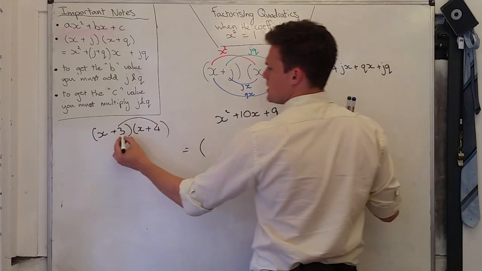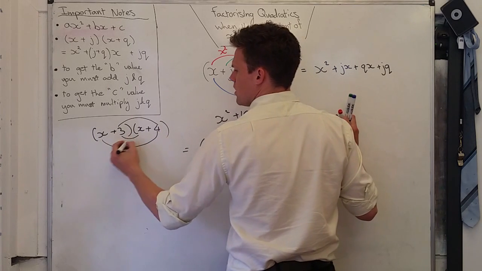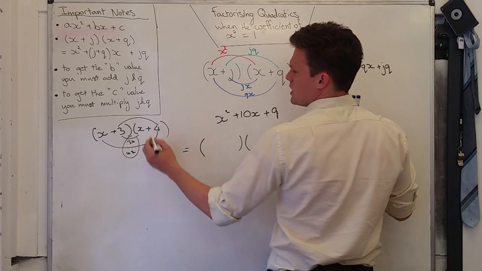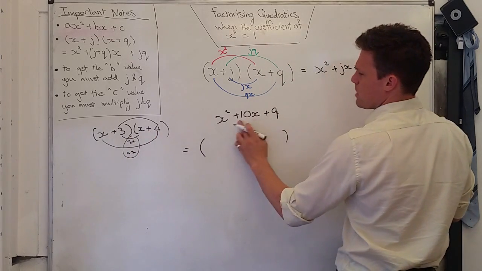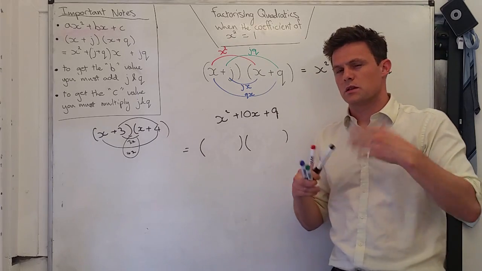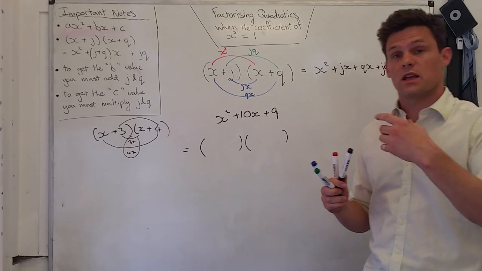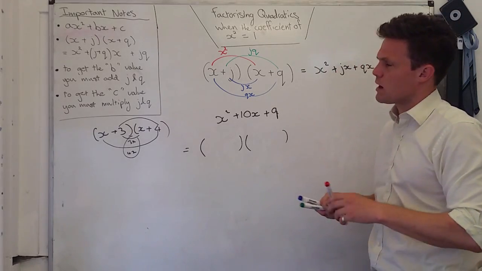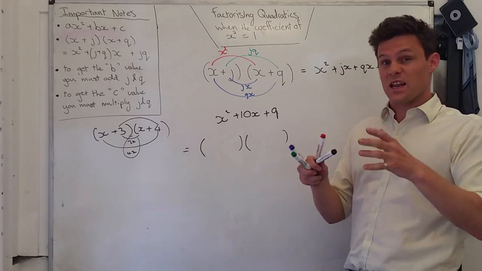But at the same time, these numbers are going to have an effect on my x value. So if I had 3x and 4x, these numbers are going to have an effect on that. So it's difficult for me to do. It's a lot more complicated than if I just had to factorize out x. So we're trying to work out a way that I can do this generically, with any number.